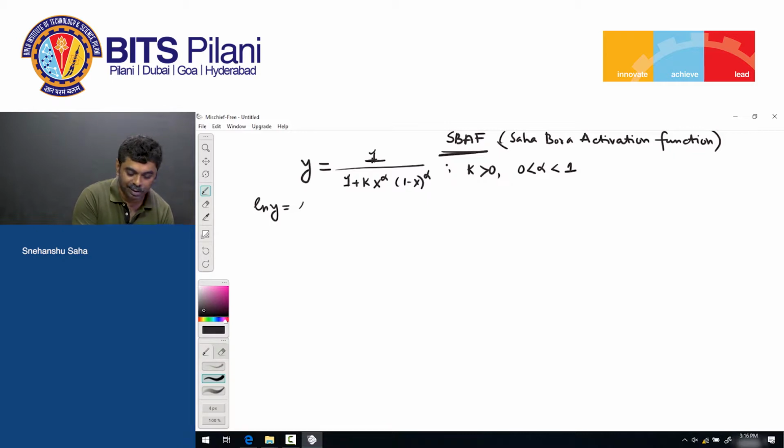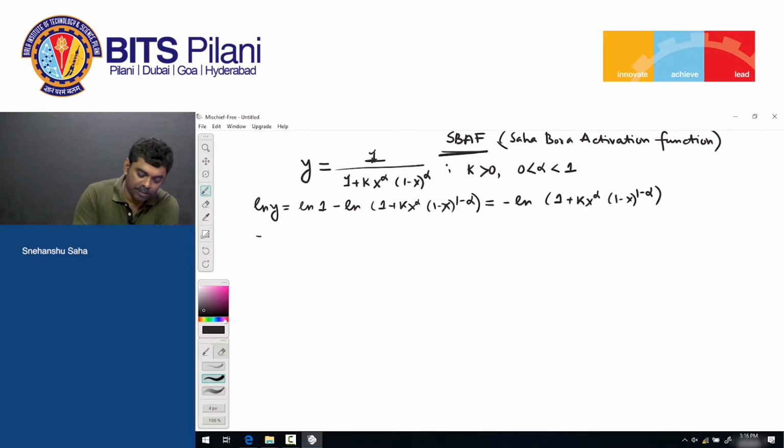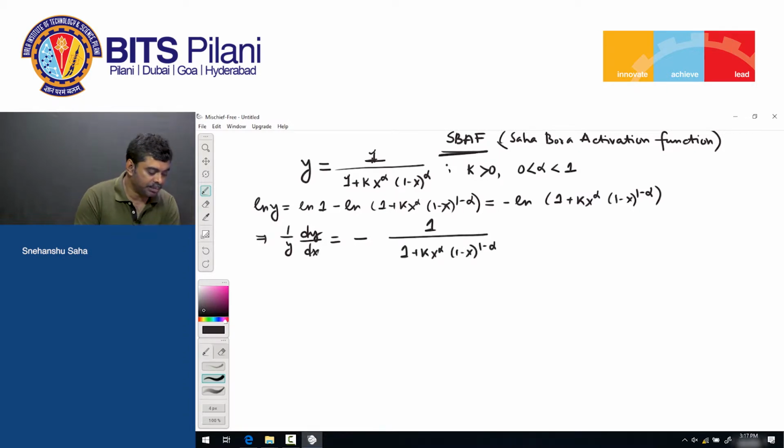It's just ln of 1 minus ln of... Now I think we are prepared to do the derivative. So let's do that. Obviously there will be a chain rule involved here, and we have to do this carefully.